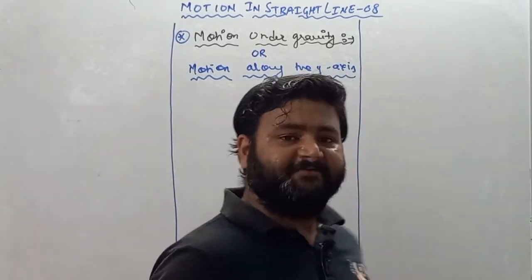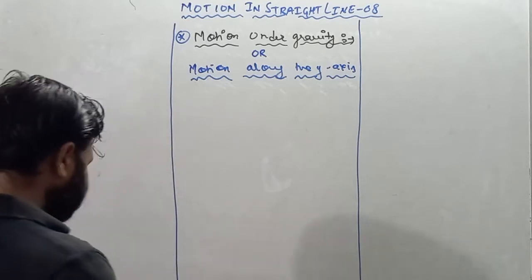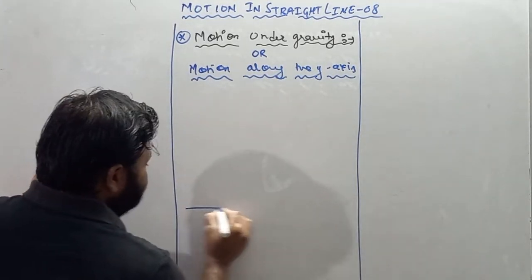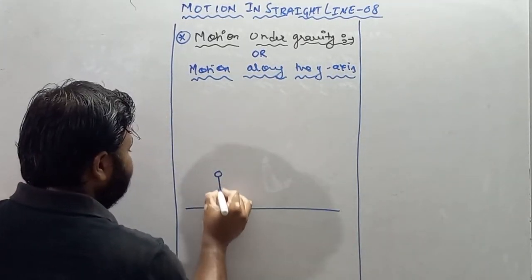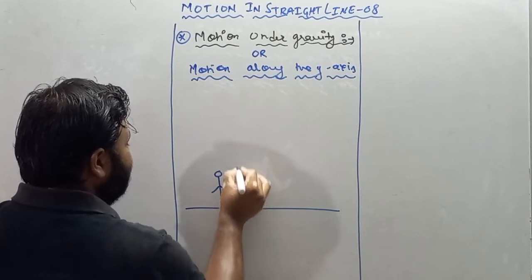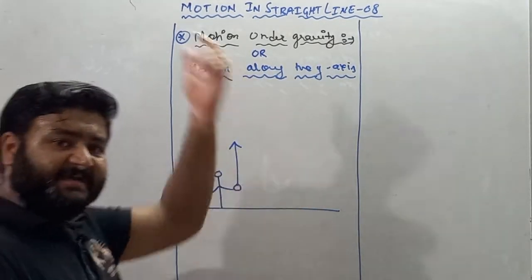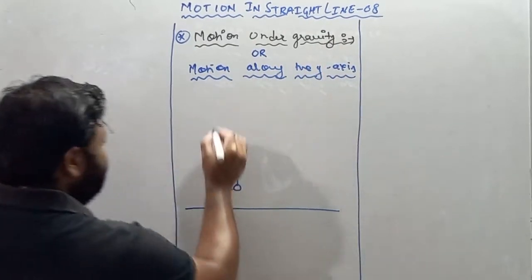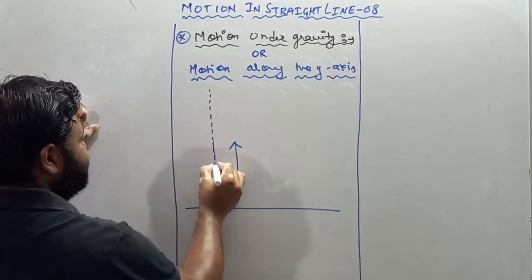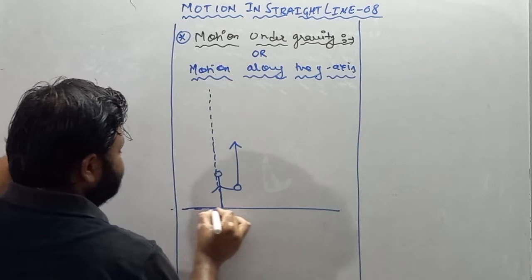Now see my dear student, if I am standing here and I throw a ball along the y-axis, we know that this is our y-axis and this is our x-axis.